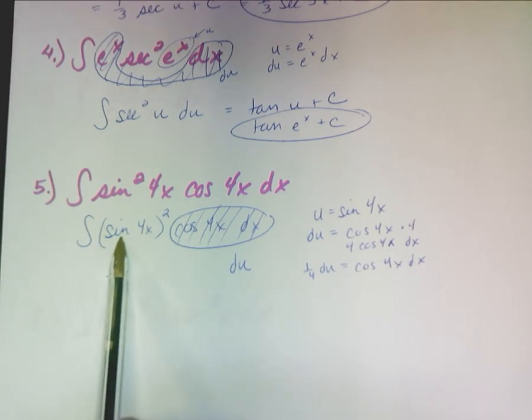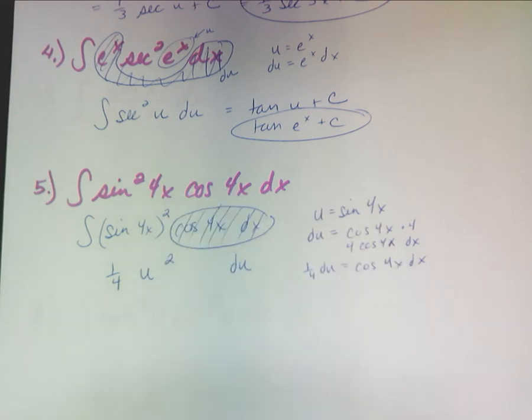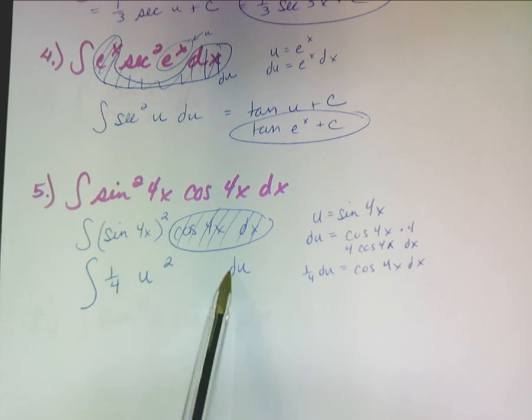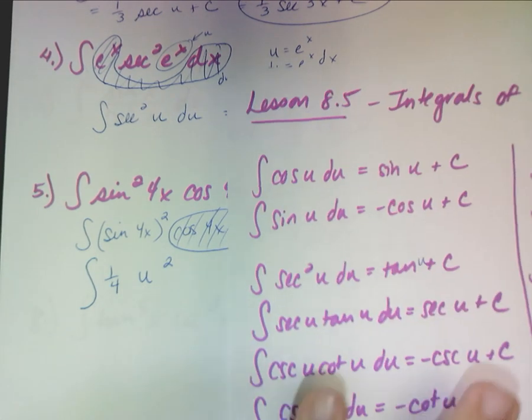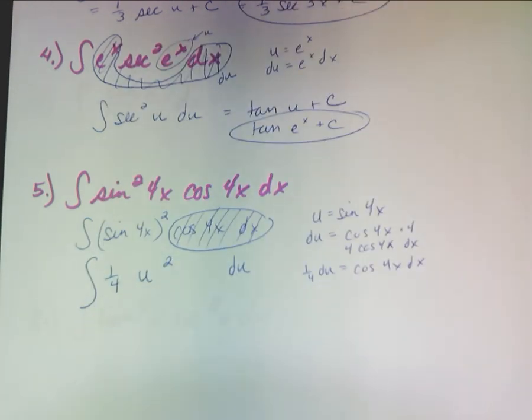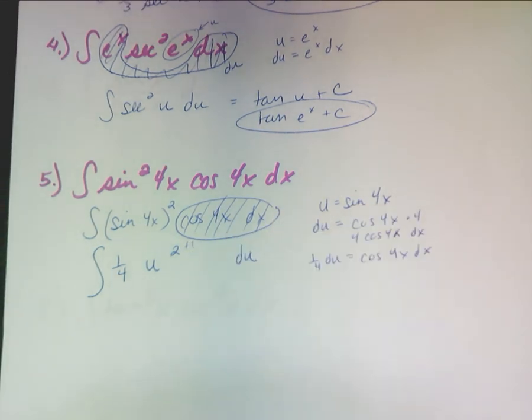This, what's that called again? That's u. U squared. And so now I'm actually integrating 1/4 of u squared du, which truly has nothing to do with this at all. You're just integrating 1/4 of u squared. How do you do that? Well, you add 1 to the exponent and divide.